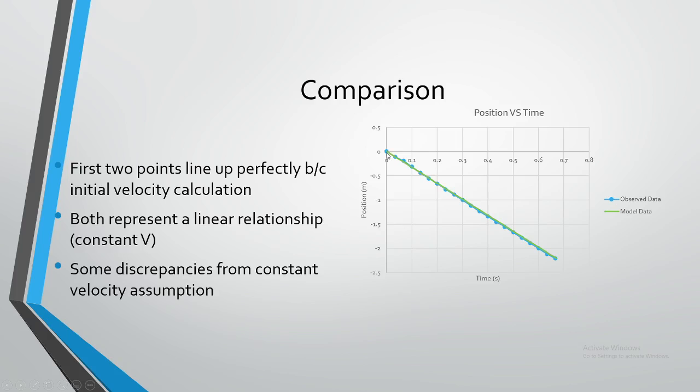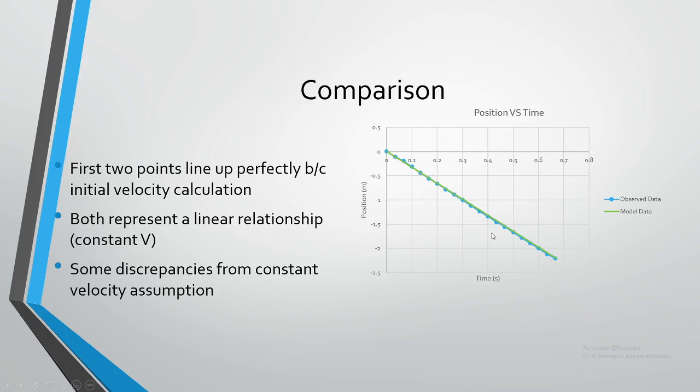Looking at a comparison between the two data sets, we see that these first two points align perfectly because that's what I used to calculate the initial velocity. Both graphs represent a linear relationship between position and time, which shows us our constant velocity. However, there are some discrepancies with the observed data.